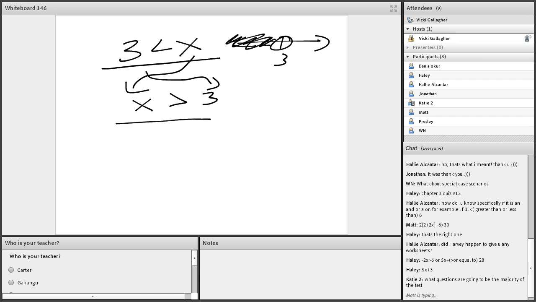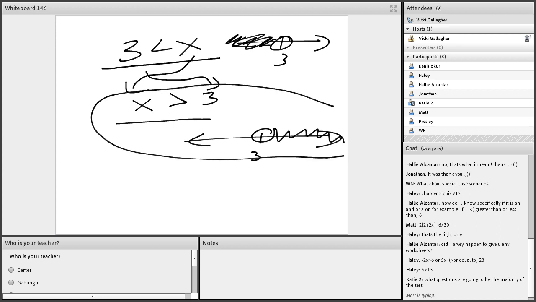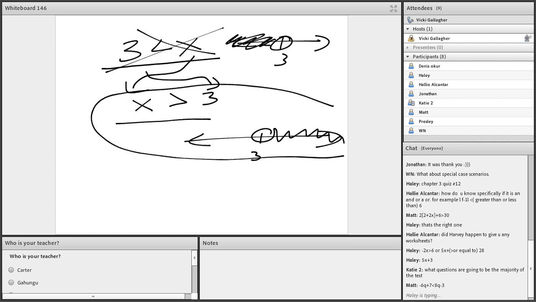Because if you actually flip everything around, you'll see that I actually want it to be bigger than 3. So this one down here is the right way to do it, and this one up here is the wrong way. Make sure when you're writing it on your answer line that you have the letter first and the number second.